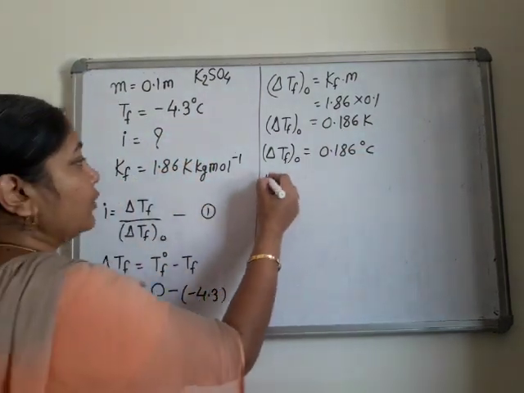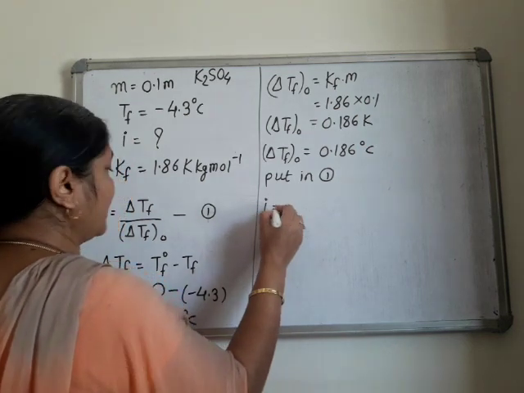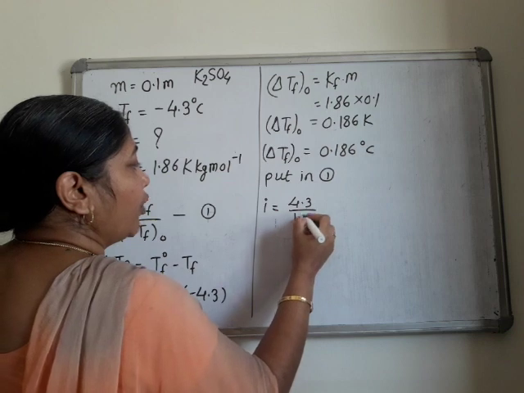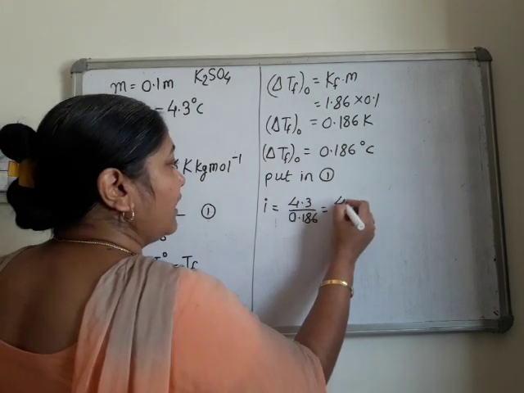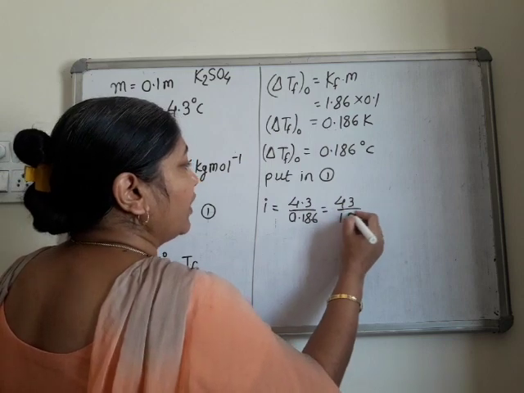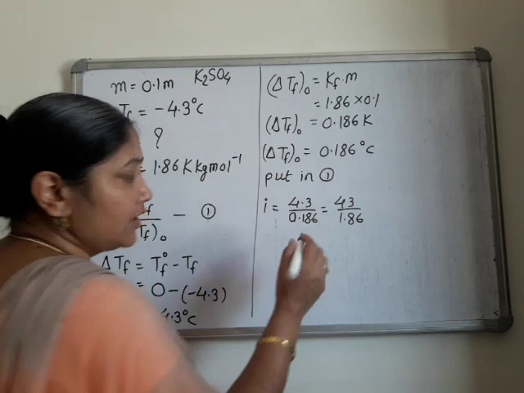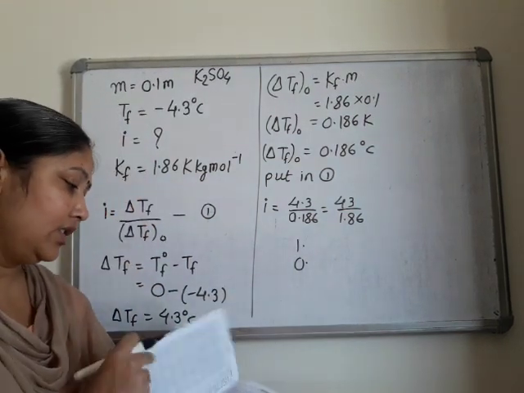Put these values in equation 1. So what do we get? i is equal to 4.3 upon 0.186. Shift the decimal one place towards the right: 43 upon 1.86. Let's use logs.